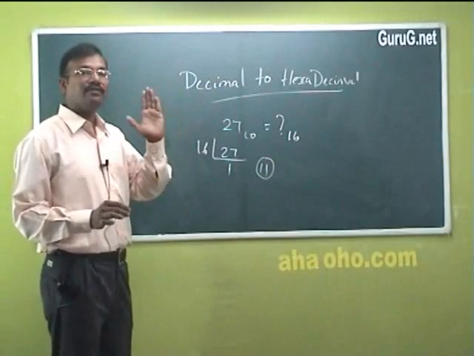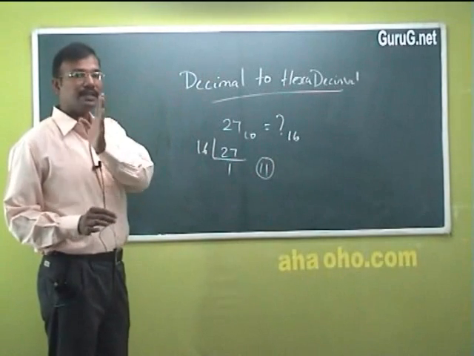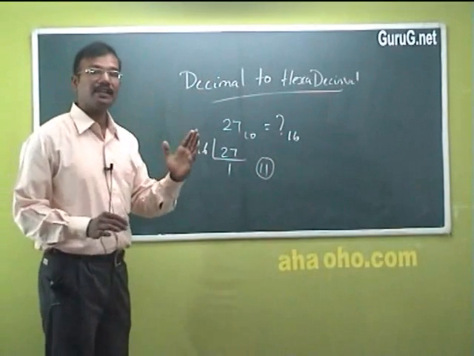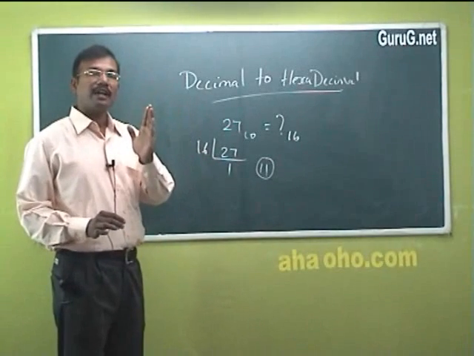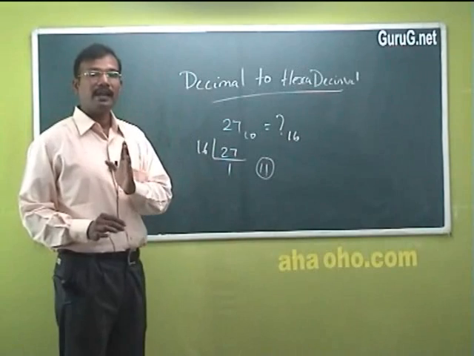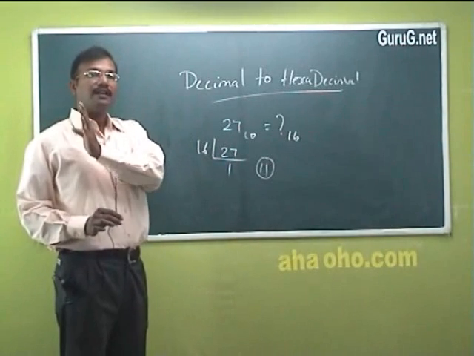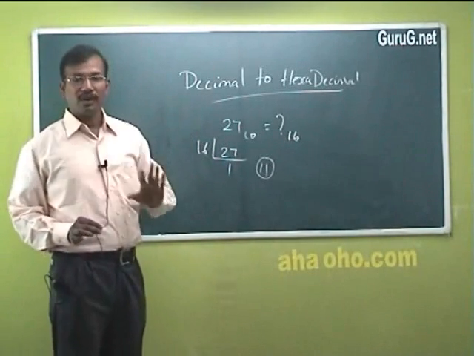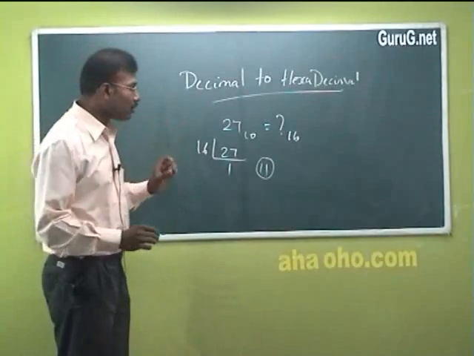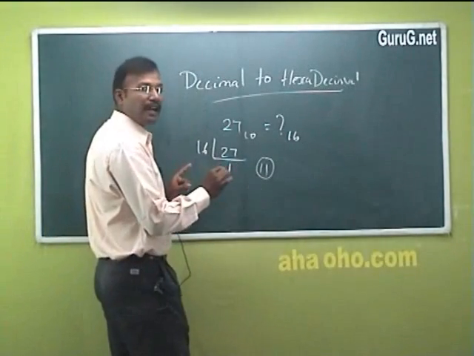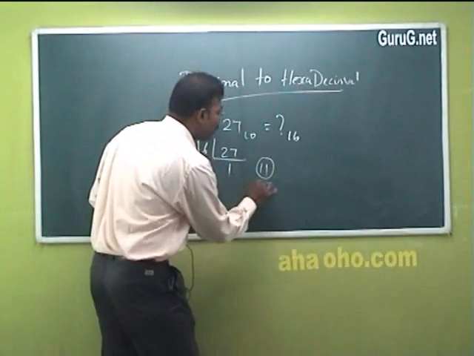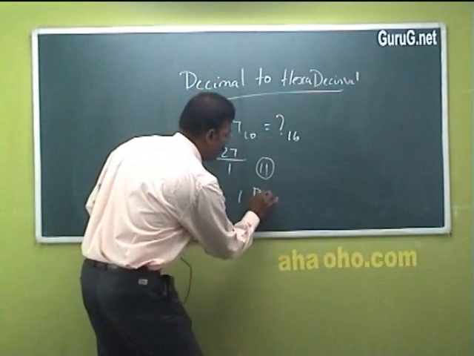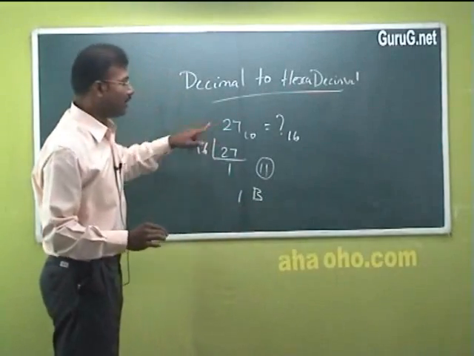After 9 we have A, B, C, D, E, F. A is the value for 10, B is the value for 11, C is for 12, D is for 13, E is for 14 and F is for 15. So instead of 11 you need to give the value B. So it will be 1B, the equivalent for 27.